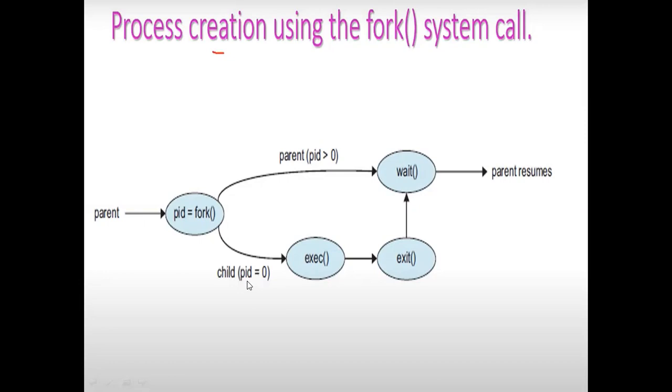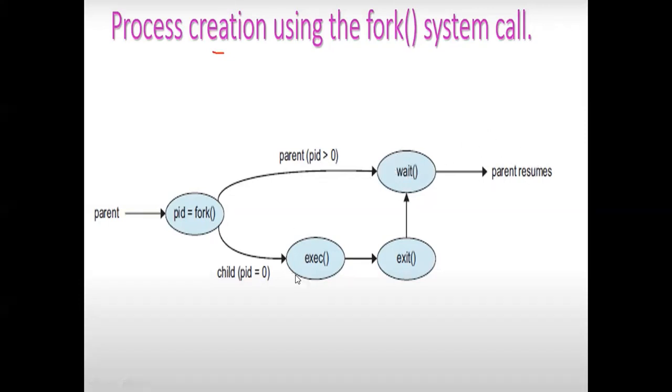If the PID is the integer value 0, we call it the child process. If the PID is greater than 0, we call it the parent process. The parent can move to the wait state. After the I/O interrupt occurs, the parent resumes.